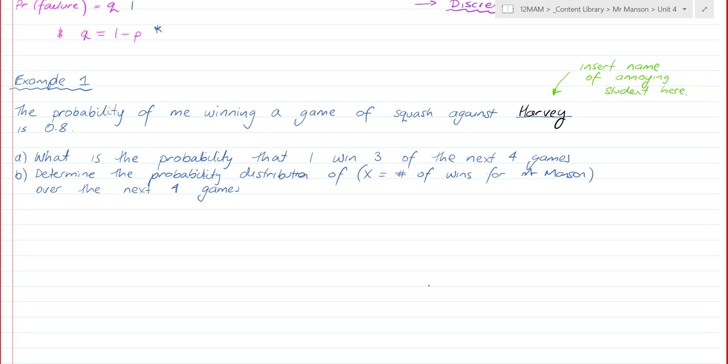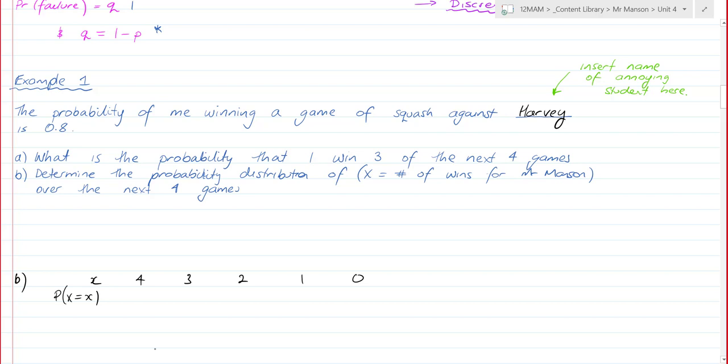So I'm not going to draw a tree, but I do know that my probability distribution is going to be X can be 4 wins, 3 wins, 2 wins, 1 win, or 0. And then I'm going to determine the probability that X equals either of those. So that's going to be my Bernoulli distribution, my probability distribution. But let's do part A logically.